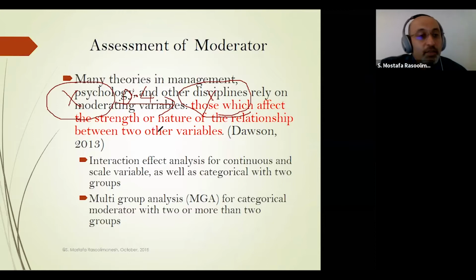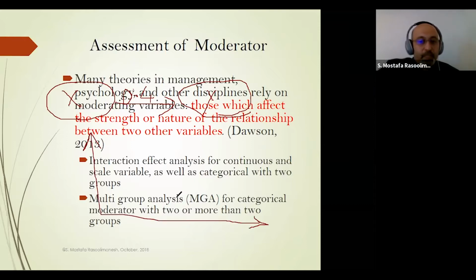This relationship is for the whole data set or all the sample. For example, if we have 400 samples, and based on these 400 samples we calculate the beta coefficient for the effect of x to y, we have a regression line and regression equation for this relationship.